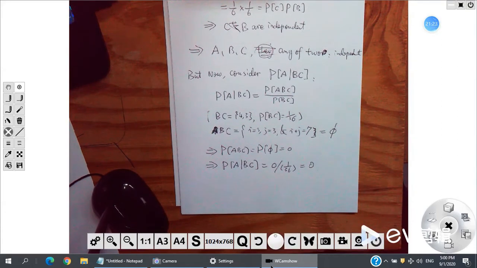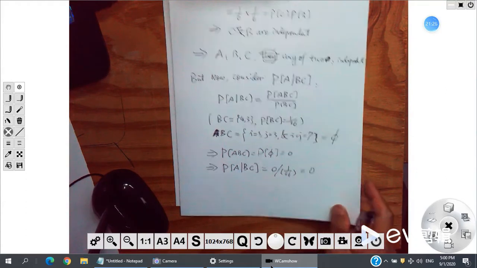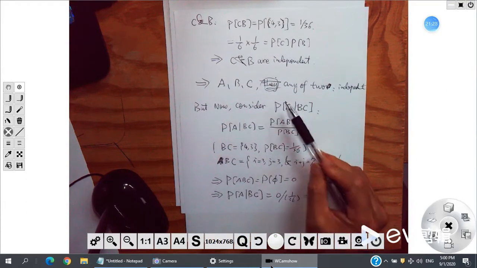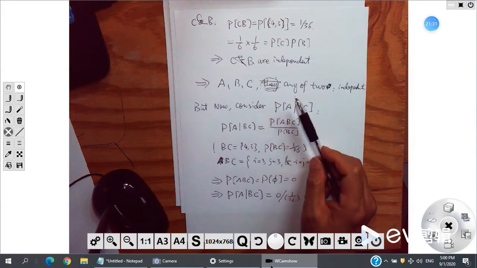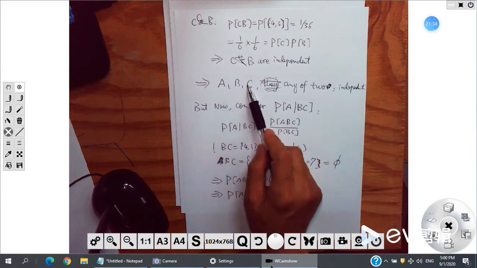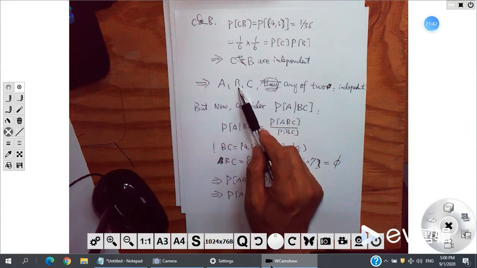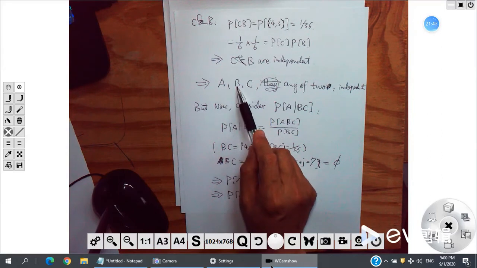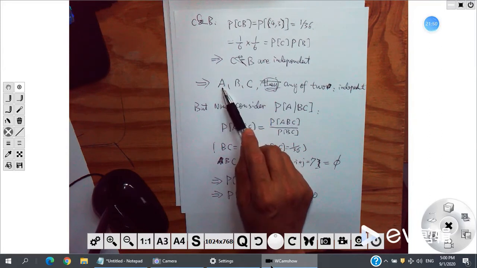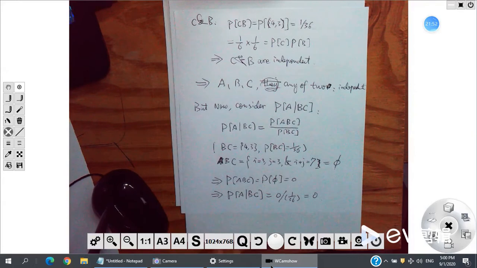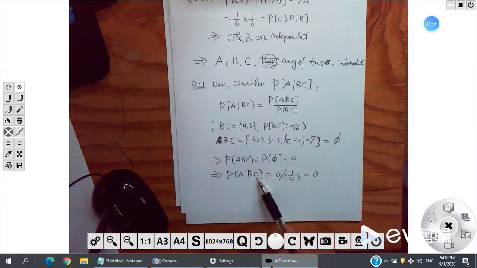Okay, you see? Now you check the independence. A, B, C, they are independent of each other. You take any 2 of them, you use one as condition, you check the probability of the other one, then with or without the condition, it doesn't matter. So use B as condition or not, probability of A is the same number. But when you use both B and C as condition, you check the probability of A, now you get 0. This is a different value, right?